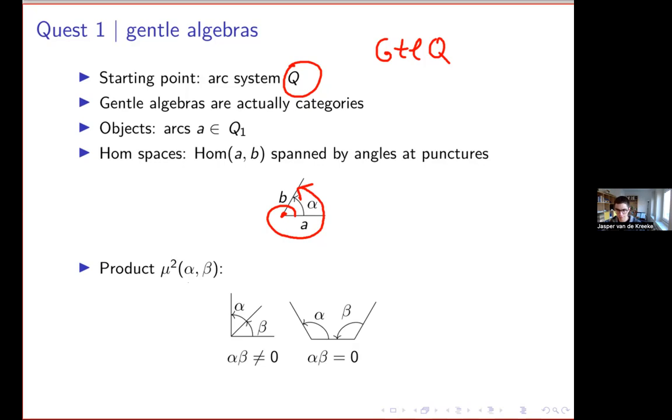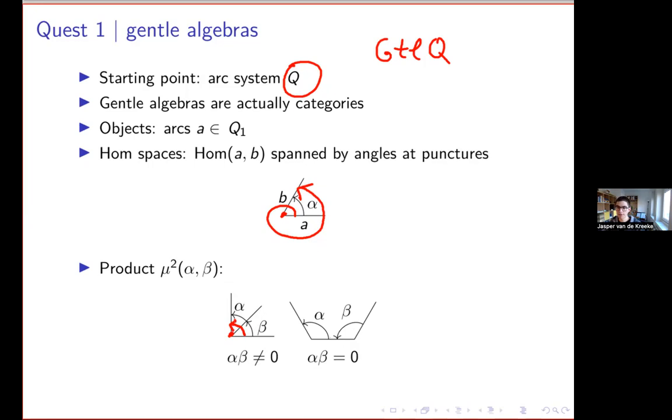What is the product? The classical product, you might know this. If we have a puncture here and a few incident angles, and one angle stops where the other angle starts, then they compose to the composition angle. So alpha and beta just compose to this angle.